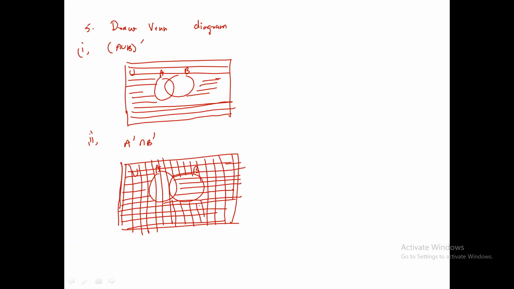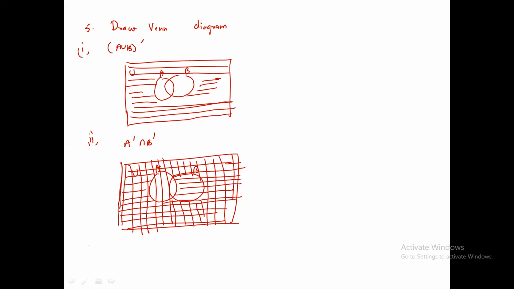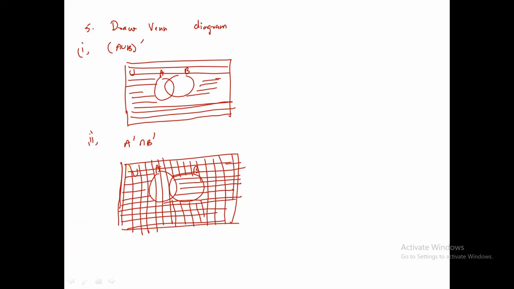So what are you seeing? The shaded region you are seeing here is this, the final shaded region. This is A dash intersection B dash.